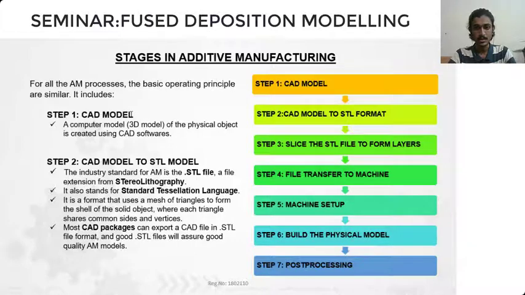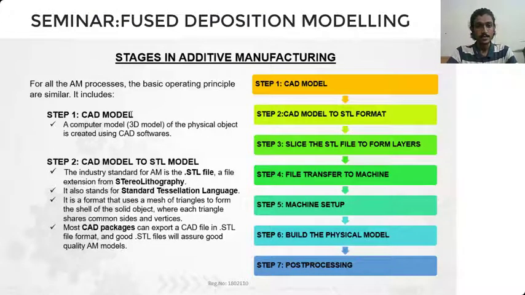They are first designing of the CAD model, then the designed CAD model should be converted to STL format, then the slicing operation should take place, then the file transfer to the machine should occur, machine setup should be carried out, then the physical model construction takes place, and finally the post processing, finishing processing is performed to attain the desired product.